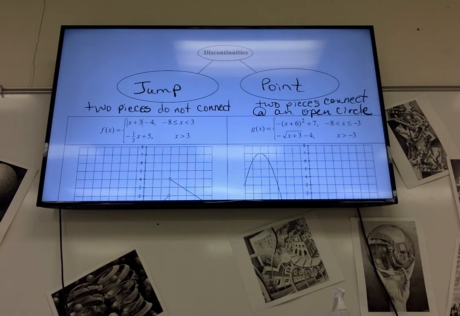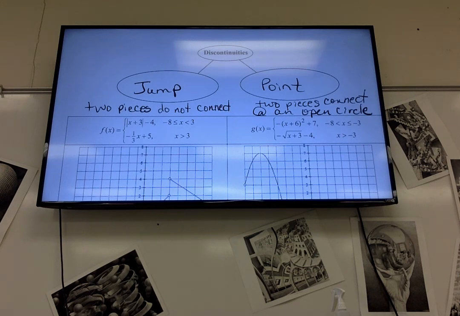So, for the examples that we did at the very beginning, the first graph, second graph, and third graph, which one of those would be considered a jump discontinuity? The last one, the third graph, because there's a space in between one graph and the other. So the point is like an open circle and a closed circle?